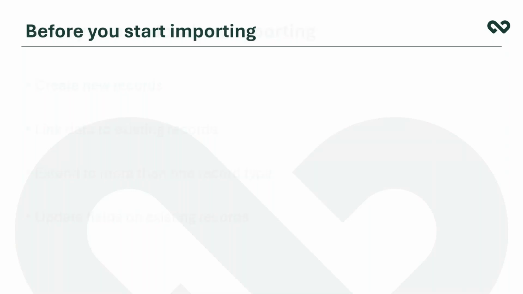Now, before you start your import, there are a few things to think about. First, consider where do you want to see the data from your file within workbooks? What record type are you importing to? And do you have a field for the data to go? One of the steps when using the inbuilt import wizard is to select which columns from your file map to which columns within workbooks.